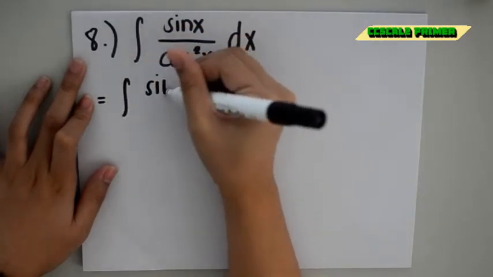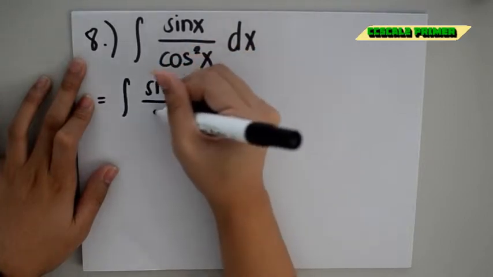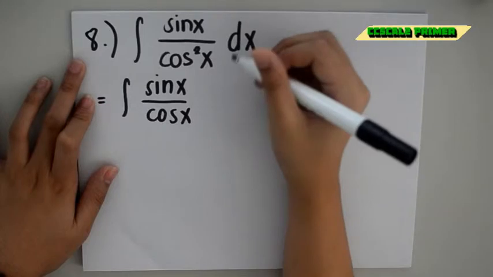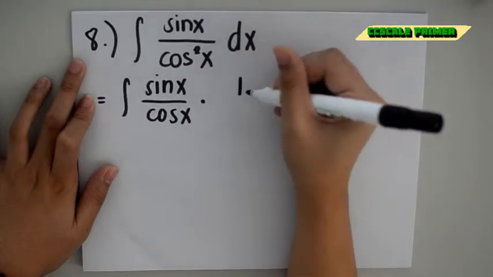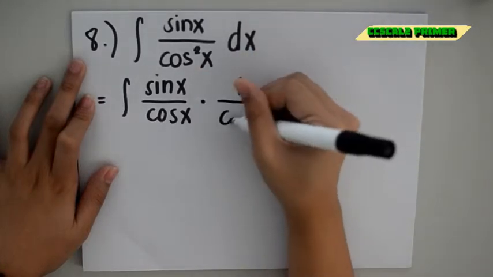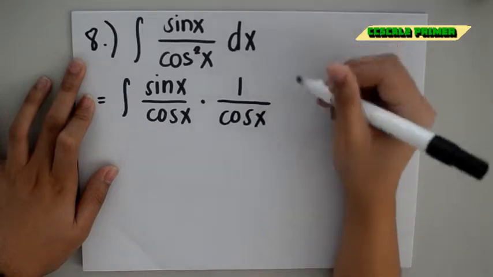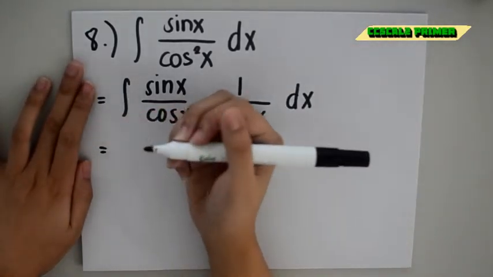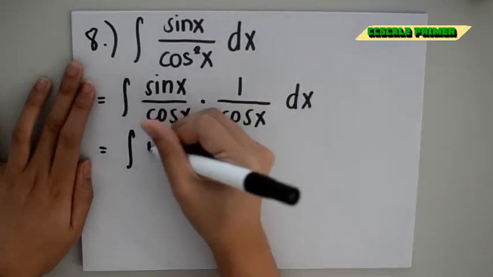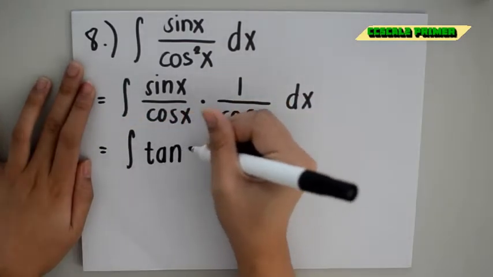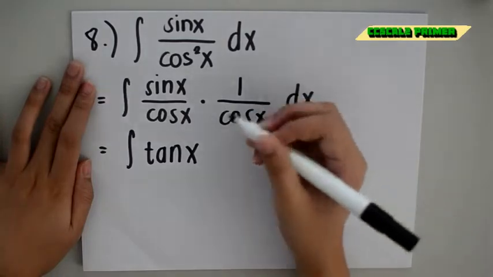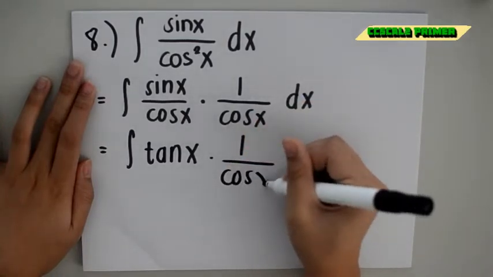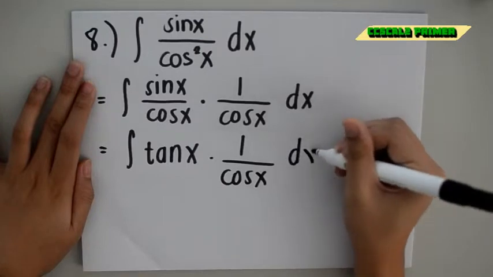Let's find the antiderivative of sine x over cosine squared x dx. First step is we need to apply the lessons we learned from CCS trig. We separate cosine squared x into 2 expressions, and our solution becomes this. Sine x over cosine x becomes tangent x, and we multiply it by 1 over cosine x dx.